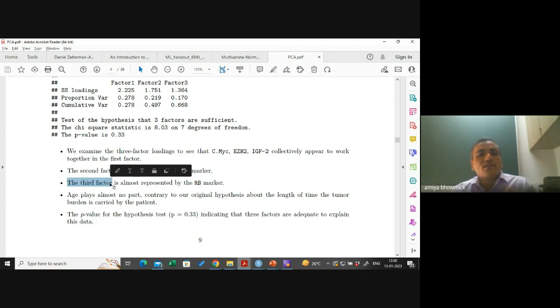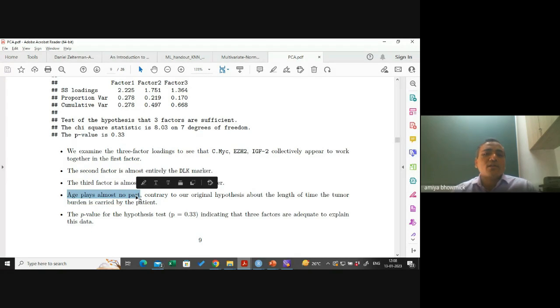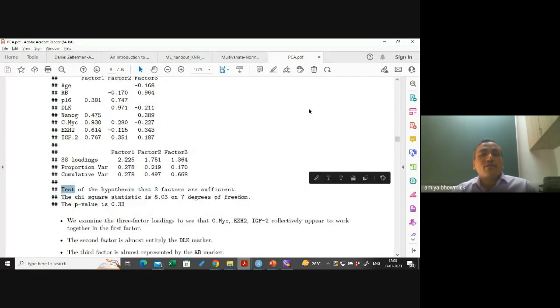Looking at those loadings, age plays almost no part, contrary to our original hypothesis about the length of time the tumor burden is carried by the patient. That was an important statement we made over here.